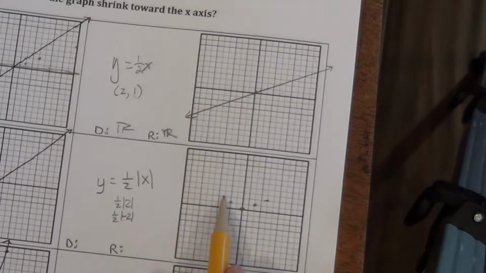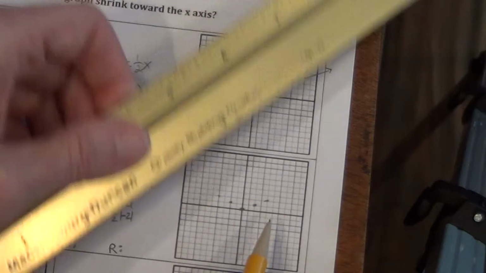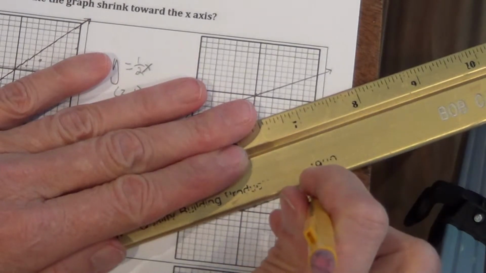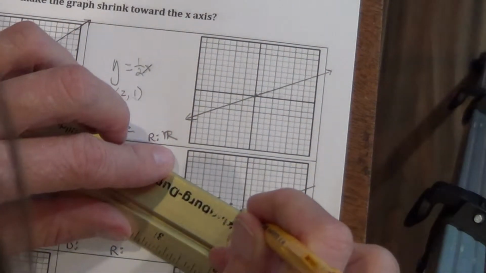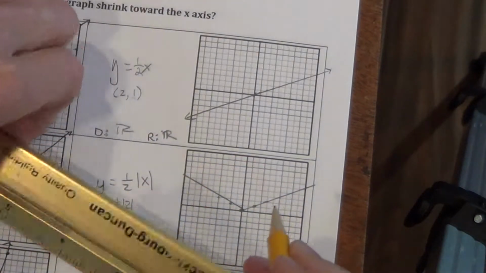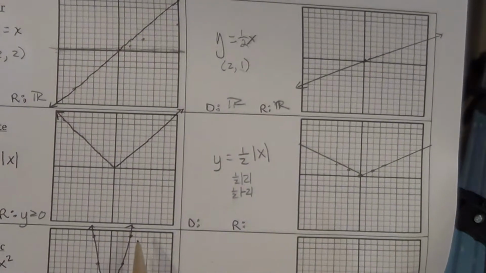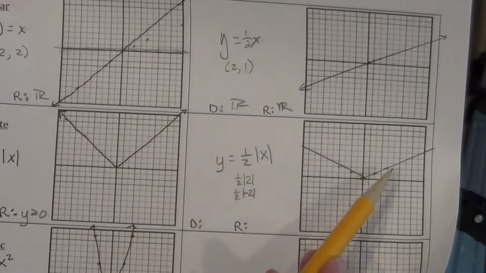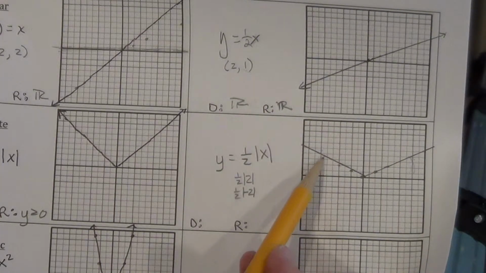So we see our V shape doing this. Look at that. Isn't that incredible? If we put the half in front, we shrunk it down to this x-axis right here on both sides.